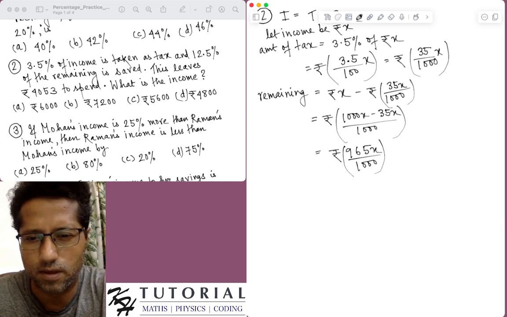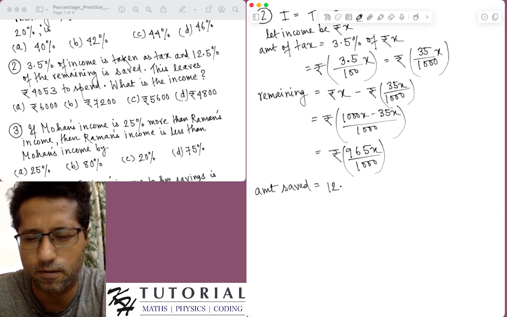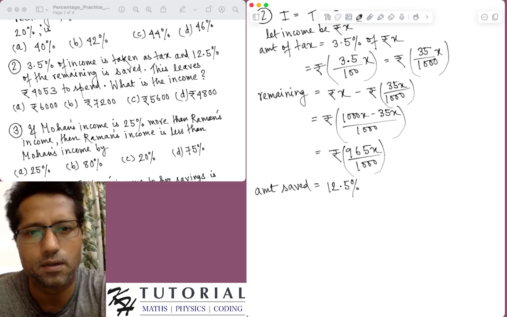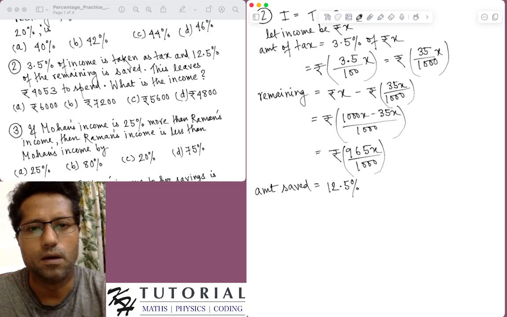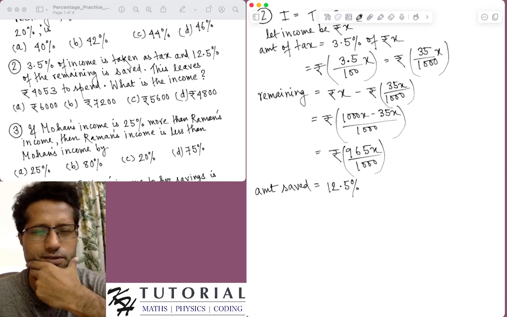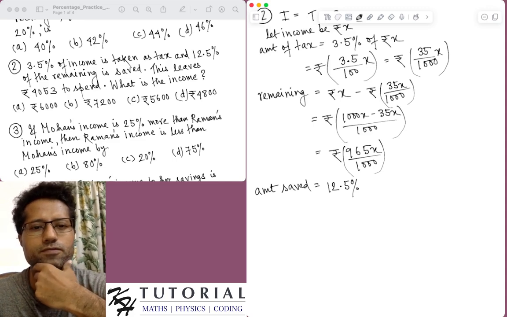So the amount saved is 12.5% of the remaining, and the rest is left to spend.